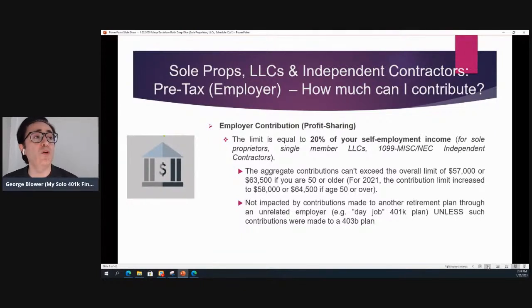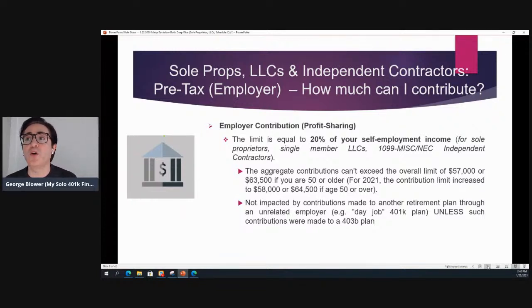Next, we've got employer contributions, which are sometimes called profit-sharing contributions. The limit there is, again, you start with the self-employment compensation, which is line 31 of Schedule C, less 1/2 of the self-employment tax. Once you've done that pre-calculation, you're able to contribute 20% of that amount as an employer contribution.